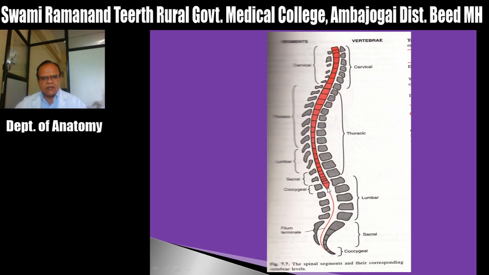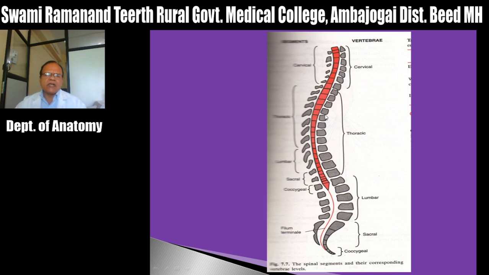Hence, at the end of the third month, the spinal nerves emerging from the spinal cord coincide with the intervertebral foramina. But as the spinal cord ascends up, these spinal nerves become oblique and then go to the particular site of emergence. Right. So this is what you observe externally in the spinal cord.